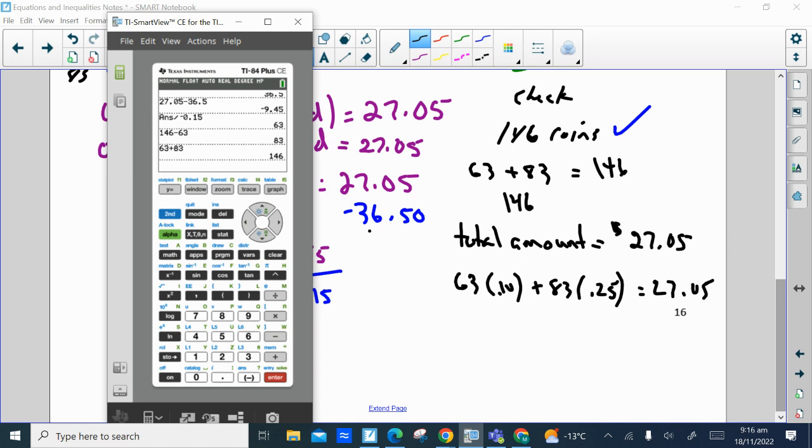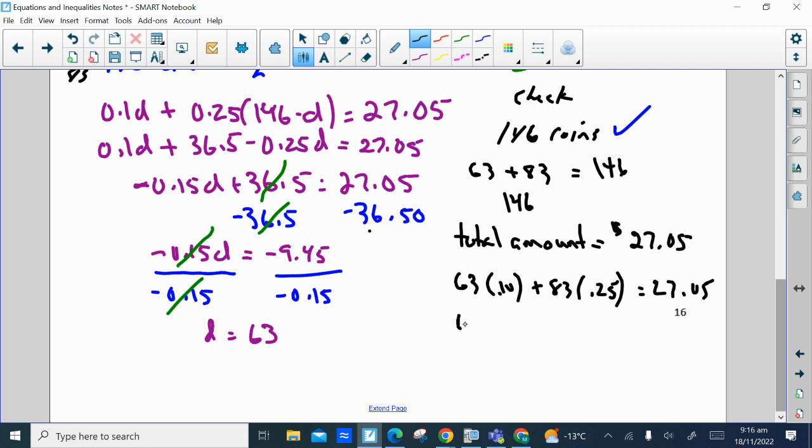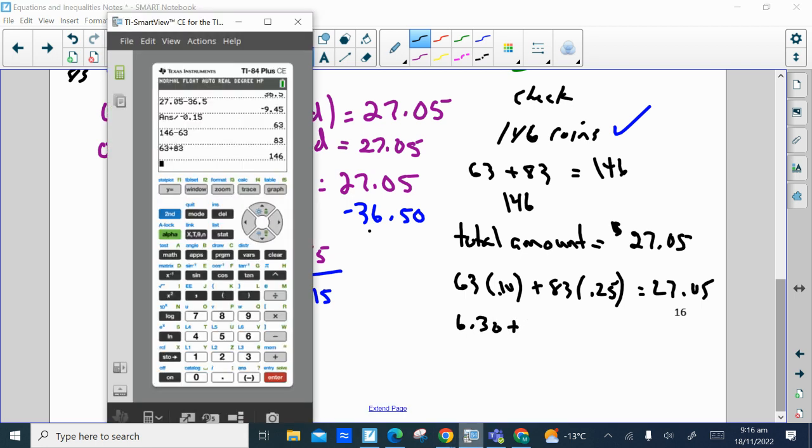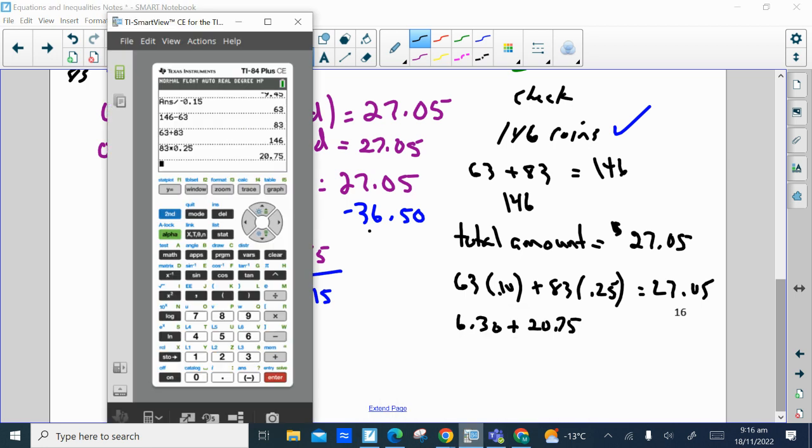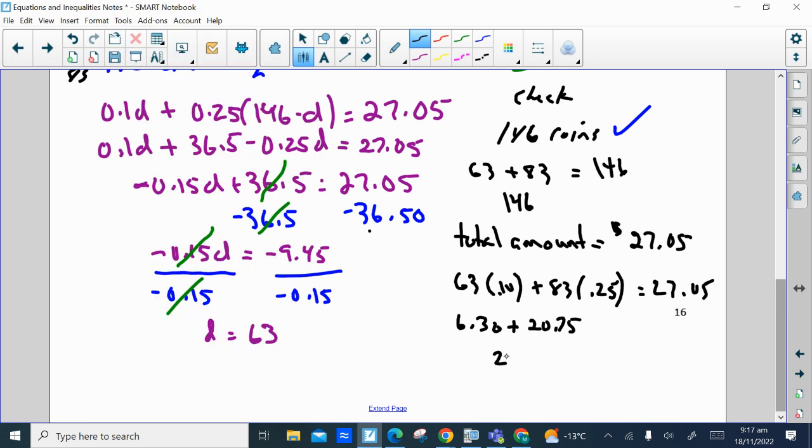So 63 times 0.1 would be $6.30. 83 times 0.25 is 20.75. And if we add those together, we get our answer, 27.05.